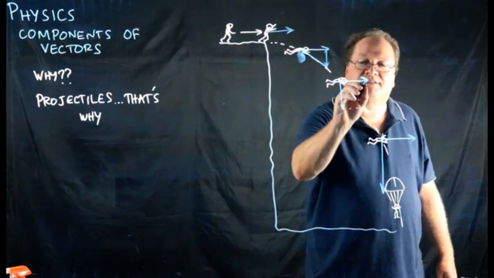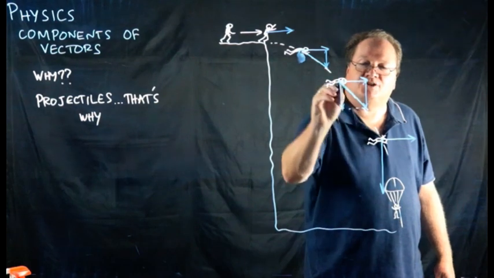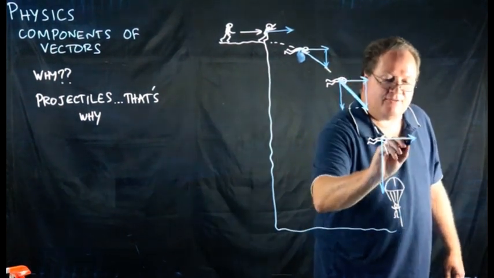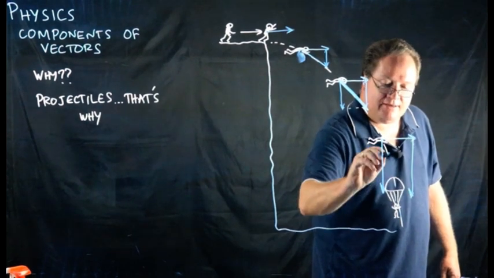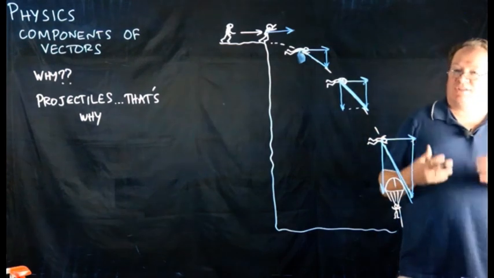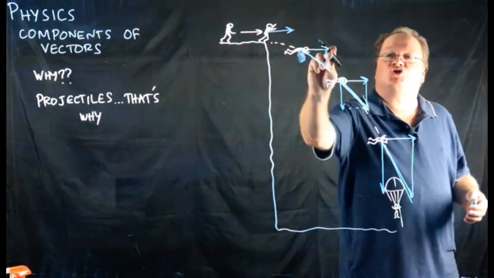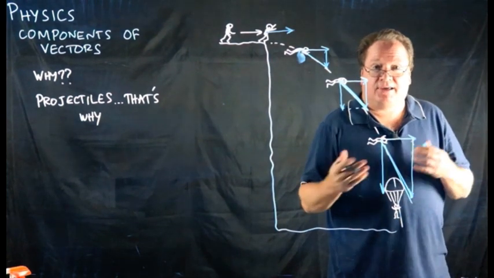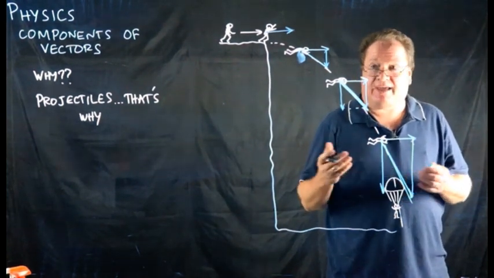If I slide this guy over to here, there's the path you're taking. If I slide this one over to here, that's the path I'm taking. So what you'll see is your path depends on these two components. That's why we learn about components. It helps us make predictions about what's going to happen with projectiles.